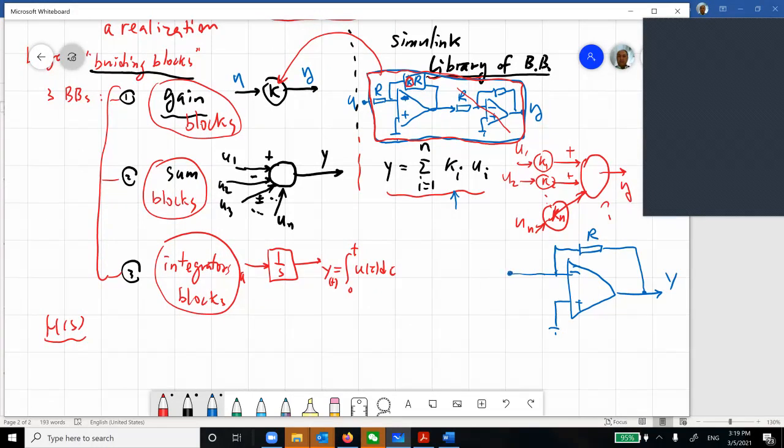We just put here a U1, a minus K1, and minus K2. Let's do K1R, K2R. I'm confusing this one, so I was not right. I should use a resistor here. This is a minus K1 R.